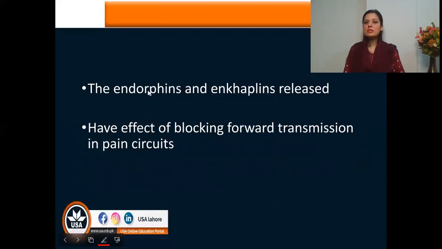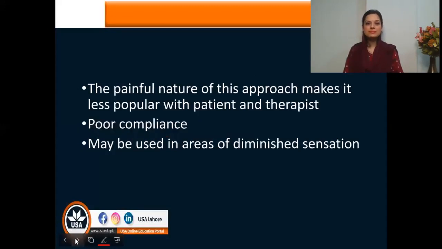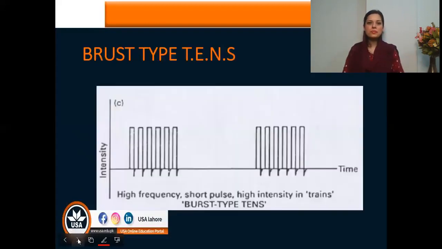And these enkephalins and endorphins which are released have the effect of blocking forward transmission in the pain circuits by inhibiting substance P. But the painful nature of this approach makes it less popular with the patient and therapist, so it has poor compliance and may be used in areas of damaged sensation where the patient doesn't feel it so much.